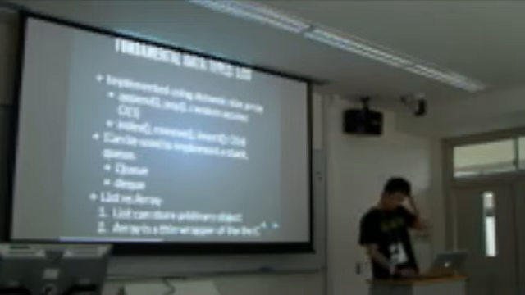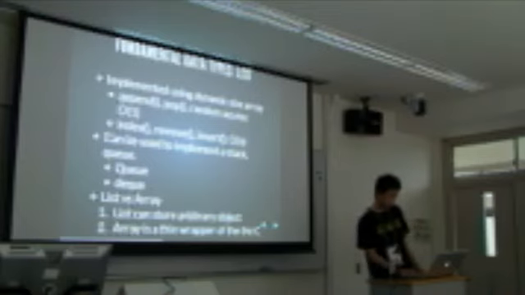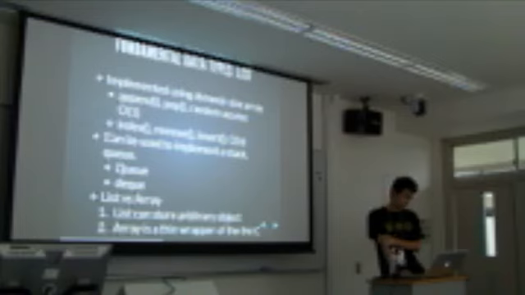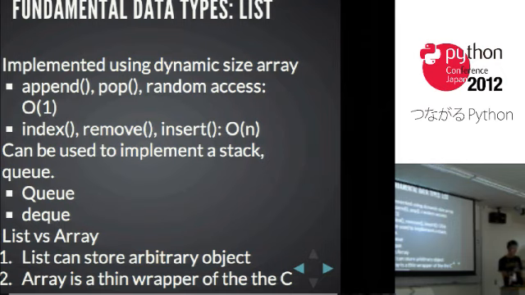Okay, one more thing is list versus array. In Python, you have a list and an array, and the difference is a list can store arbitrary objects, while an array is a thin wrapper around C, so it can only store limited data types like byte or char.